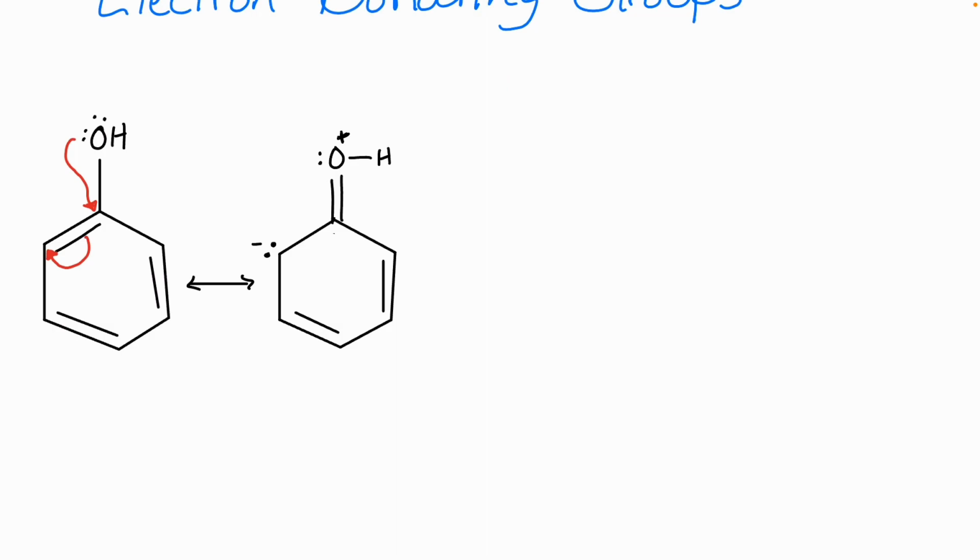Okay, so here's one of my resonance contributors, and now I can play this game with this pair of electrons, and I'm going to bounce it around that ring. So I'll get another one if this pair of electrons comes down here. If this comes down here, what else has to happen? Can I just leave it like that? No, right? So I'm going to have to kick this pair of pi electrons up onto this carbon. All right, so draw my next resonance contributor here.